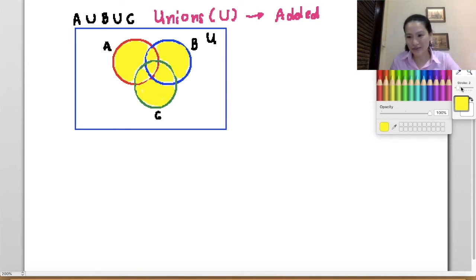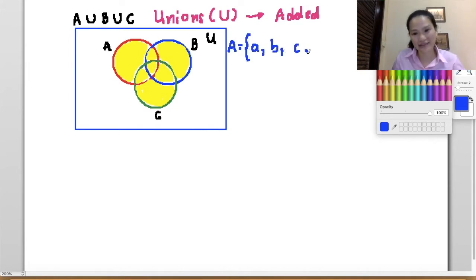Let me give you something interesting. Now I give the values of the sets. Set A equals A, B, C, D. Look carefully.